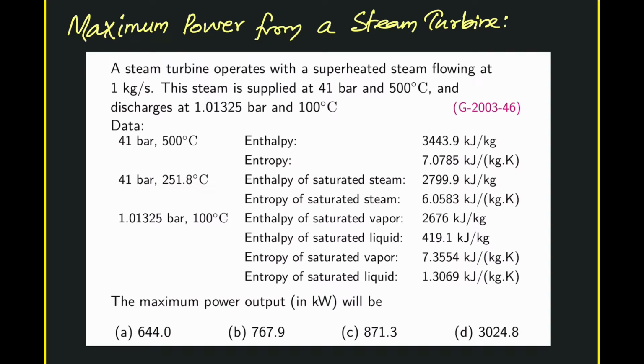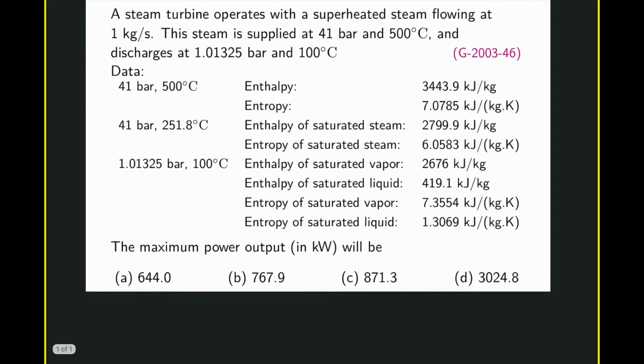Let us again go through the problem. See the inlet pressure and temperature condition. Corresponding to the inlet pressure, 500 degrees Celsius is a superheated vapor. For that, we are given the entropy. For maximum power output, the process has to be an isentropic one.